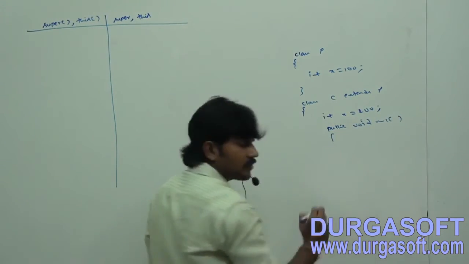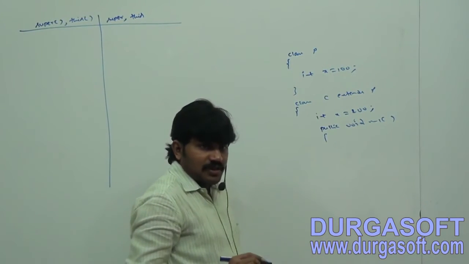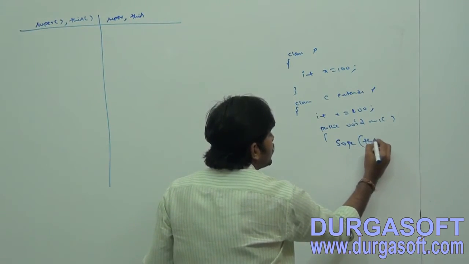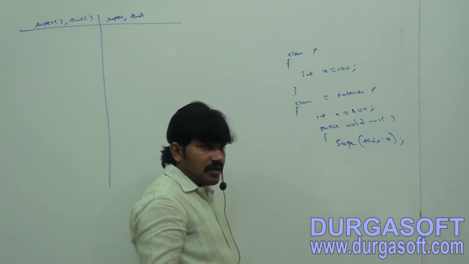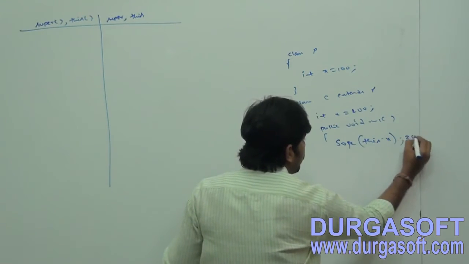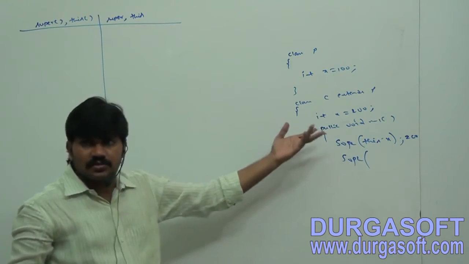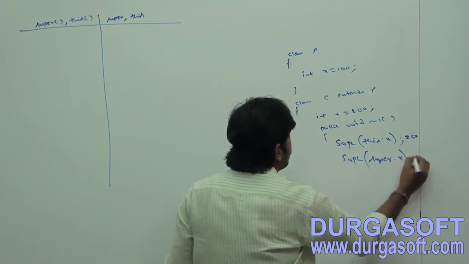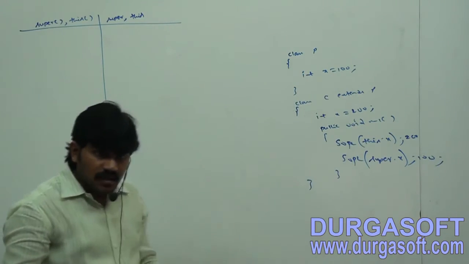I want the current object's x value. What do I have to do? System.out.println(this.x). The answer will be the current class x value, 200. But if I don't want the current class x value and want the super class x value, then System.out.println(super.x) gives 100. Are you able to get it?